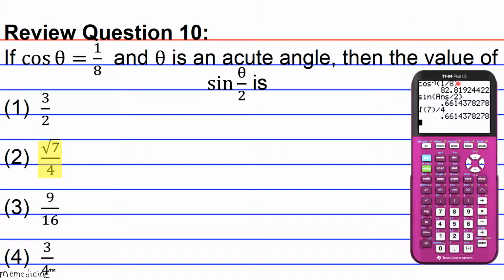Okay, so then you're going to close the parentheses by pressing the close parentheses button and enter. And that's going to yield the answer for theta, okay, which is 82.81924422. Okay, so it's approximately 83 degrees, and this is correct because it is an acute angle.